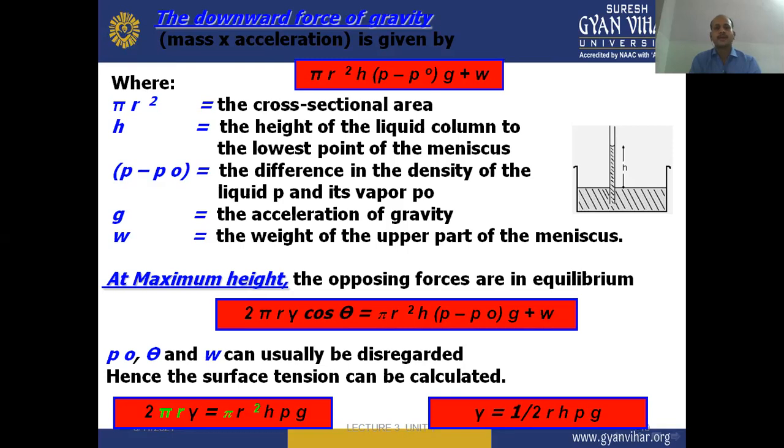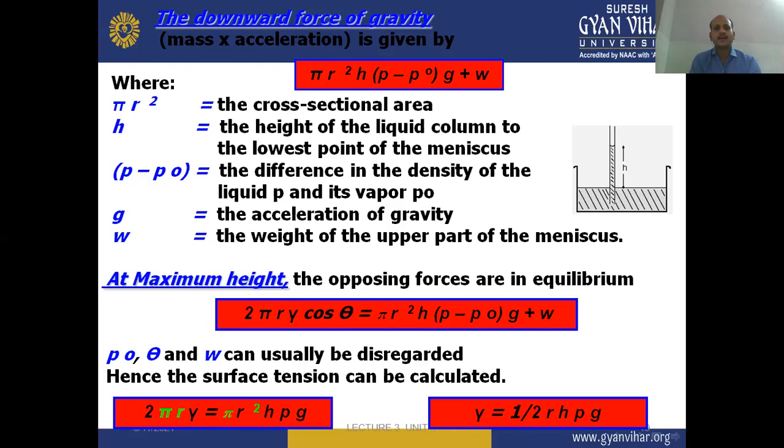So force is written as mass into acceleration, where F is the force, m is the mass, and g is the acceleration due to gravity. The downward force of gravity is mathematically given by pi r square h (rho minus rho 0) multiplied with g plus w.